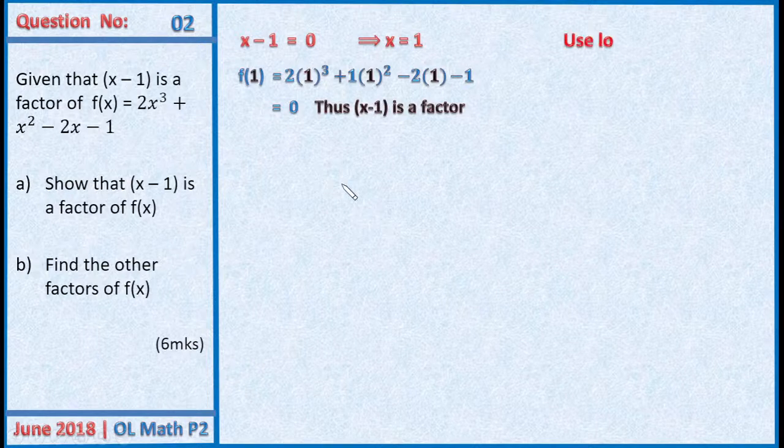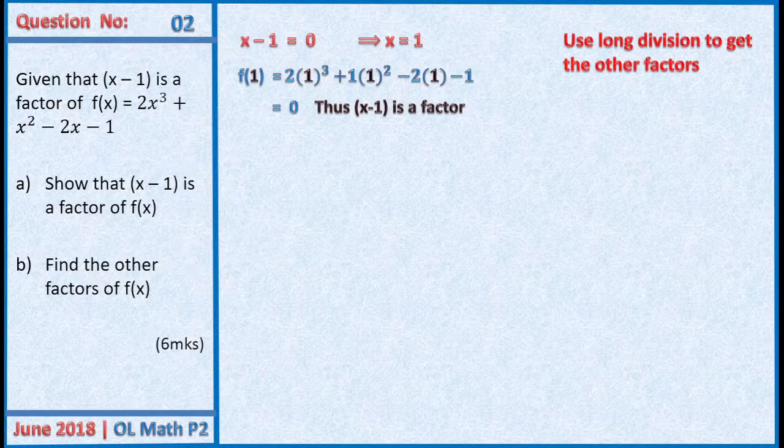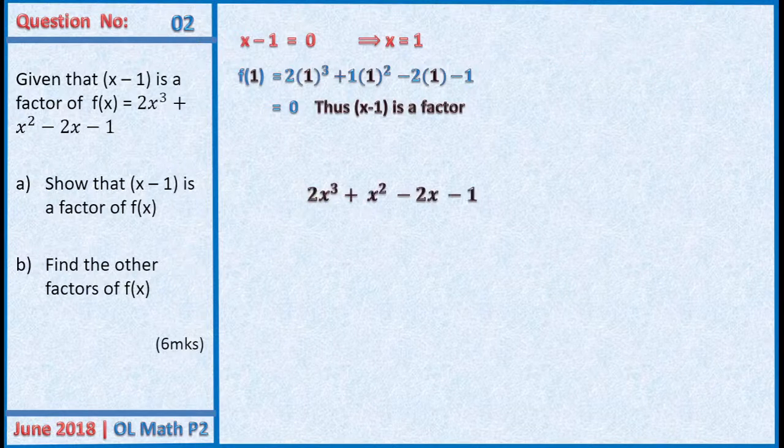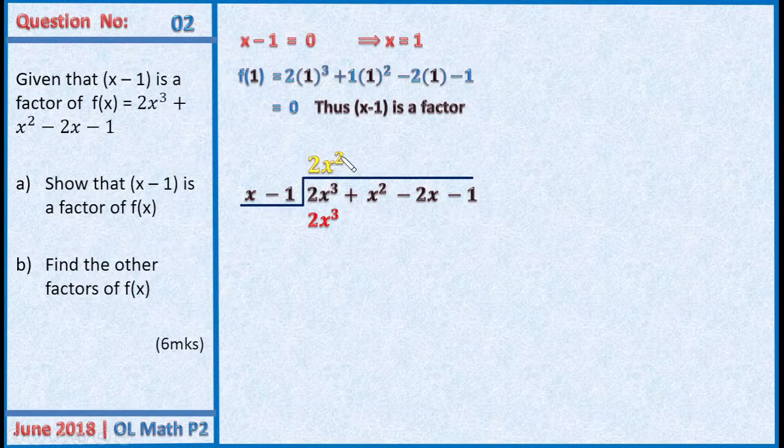Next, find the other factors. To find the other factors, we can use long division. Since x minus 1 is already a factor, we divide. 2x cubed divided by x gives us 2x squared. 2x squared times x is 2x cubed, and 2x squared times minus 1 is minus 2x squared.